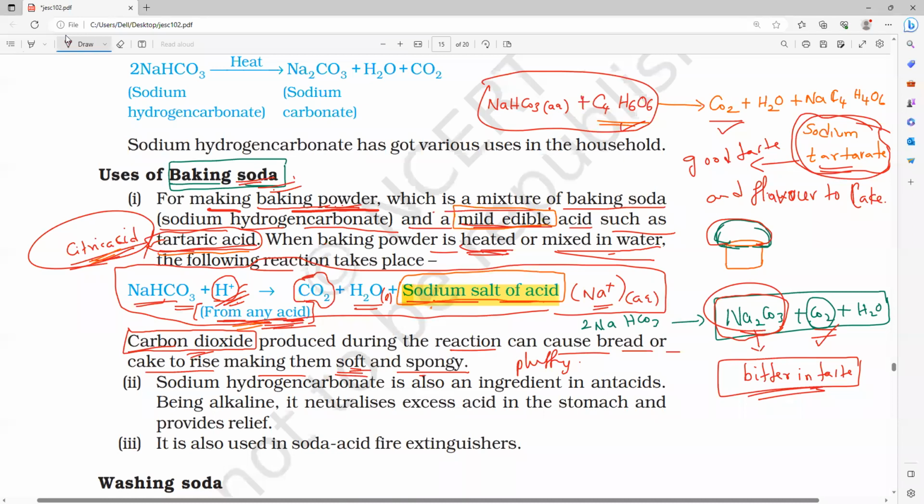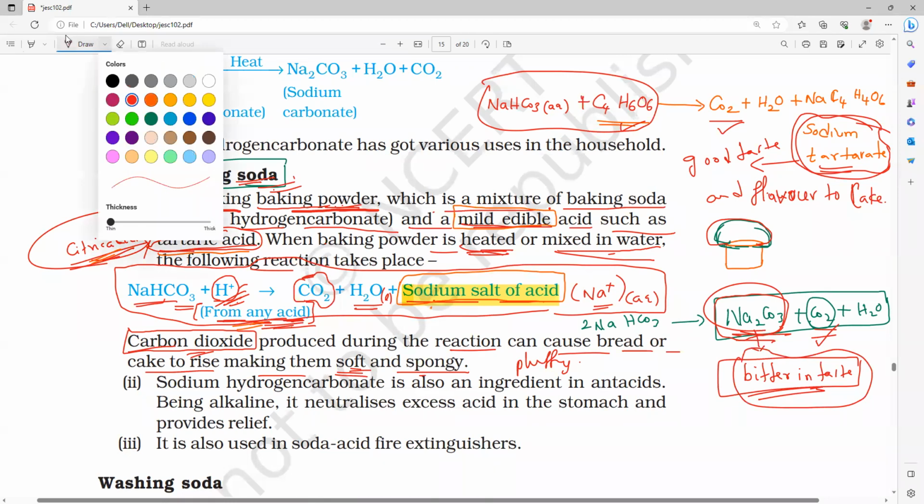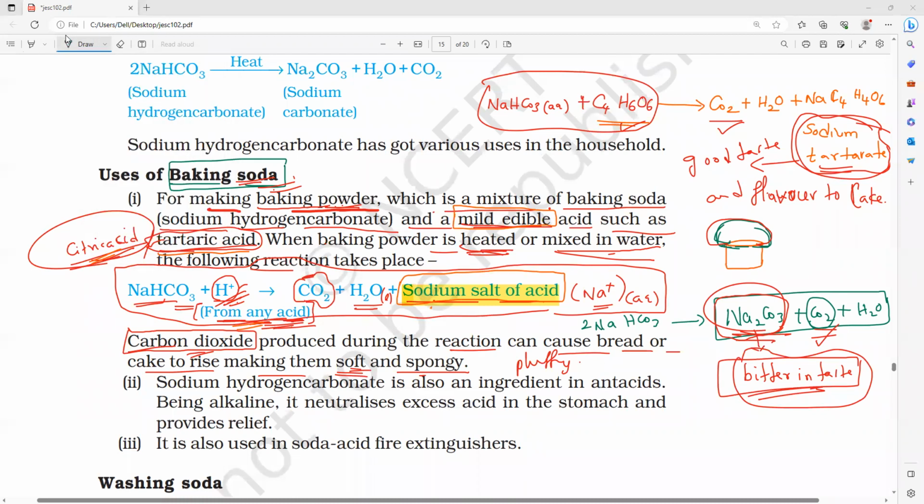Carbon dioxide. But baking soda will produce sodium carbonate, which is bitter in taste, and it will give a bitter taste to the cakes. Do you all understand what I'm saying?